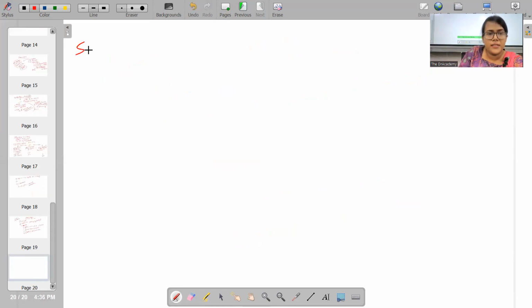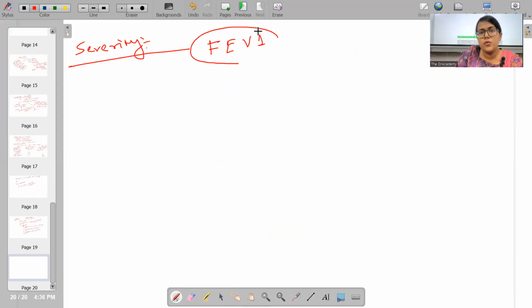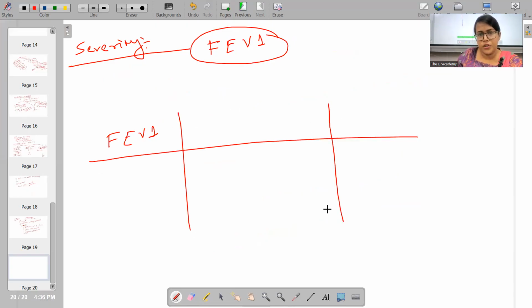Severity of chronic obstructive pulmonary disease, COPD. Which one is used? According to the GOLD stage criteria, FEV1 is used as a prognostic marker, not as a diagnostic tool. So FEV1 and the staging will be, basically, first of all, mild, moderate, severe, very severe.